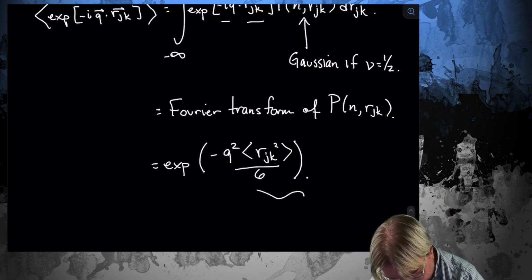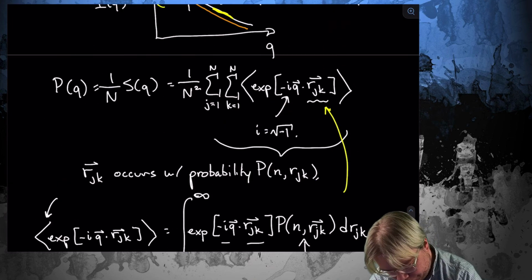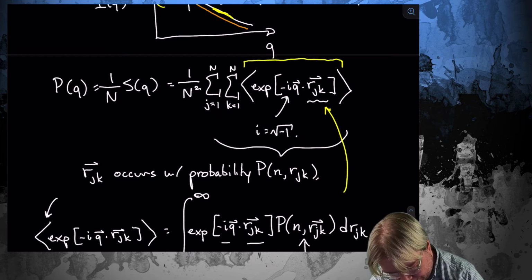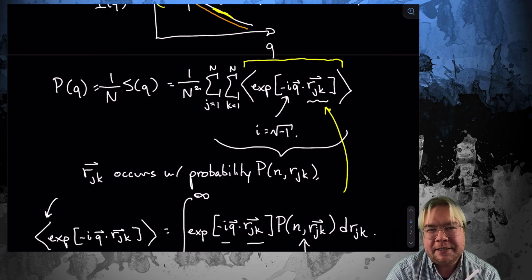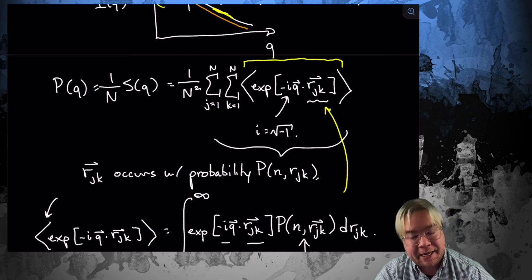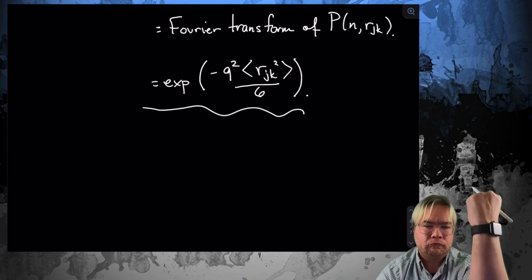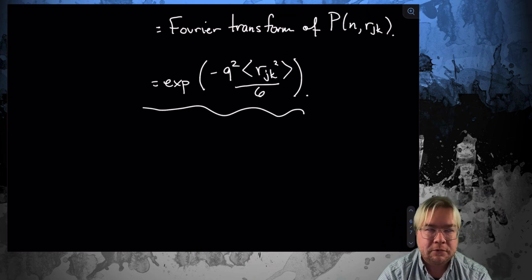Okay, so now we can use that. Now we have this function, and we can substitute that function in for that one, and it's a little bit easier to work with because we're not looking at the average value of that exponential function. We're looking at the average value of r_jk squared in that exponential, and we got rid of the square root of minus 1. We got rid of i, right?